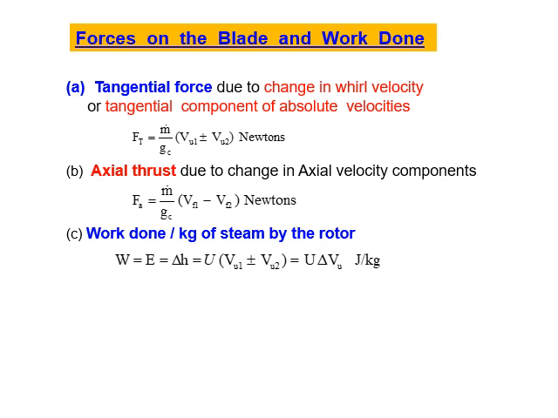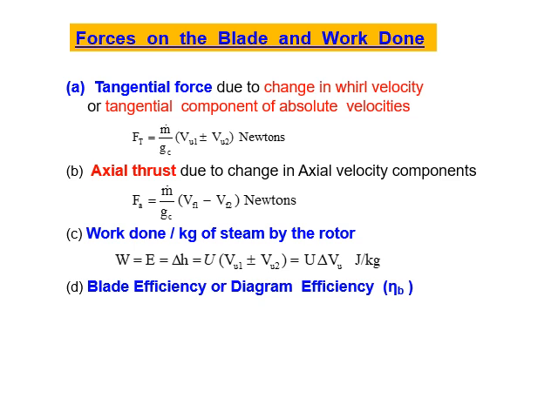Here U represents the blade velocity, and Vu1 and Vu2 represent tangential velocity at inlet as well as exit. In short, that is taken as U into delta Vu, where delta Vu represents the change in tangential velocity. The unit of work done is joules per kg, because m is taken as 1 kg, or the mass flow rate is taken as unit mass.